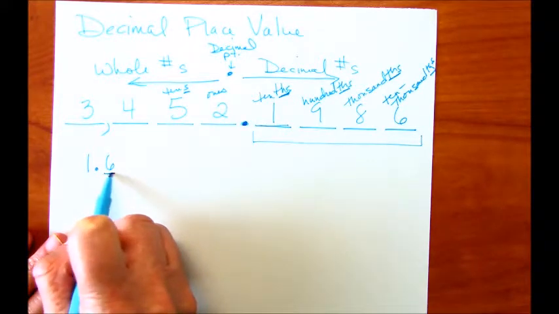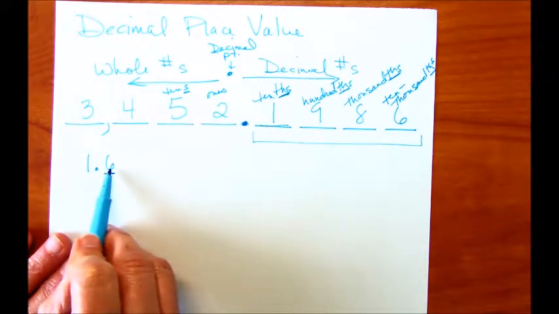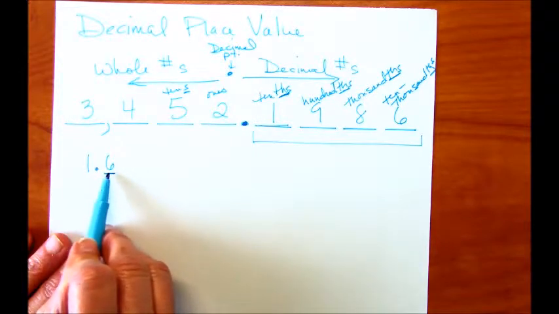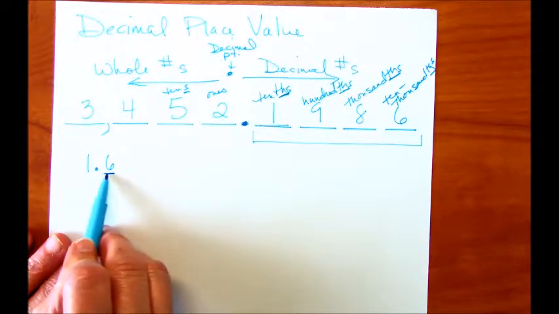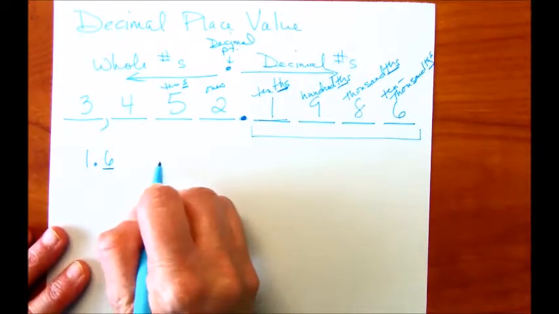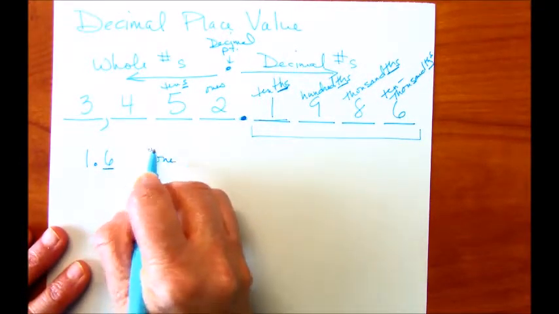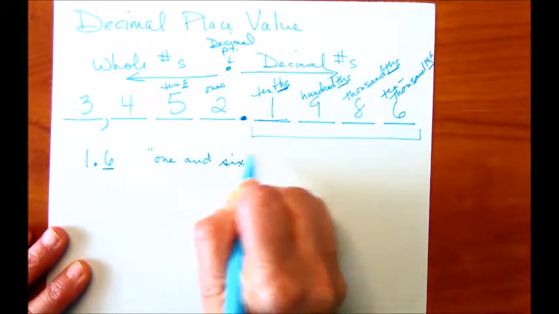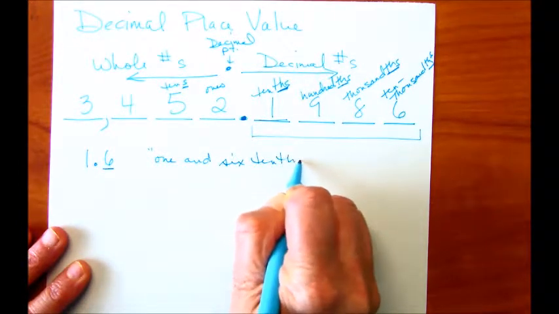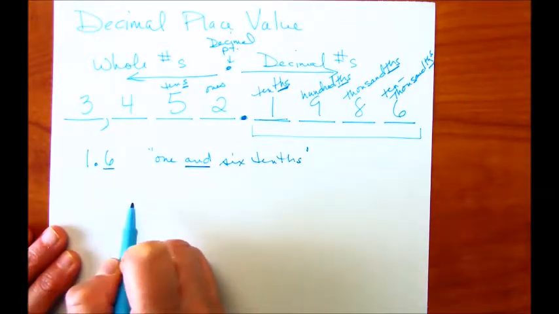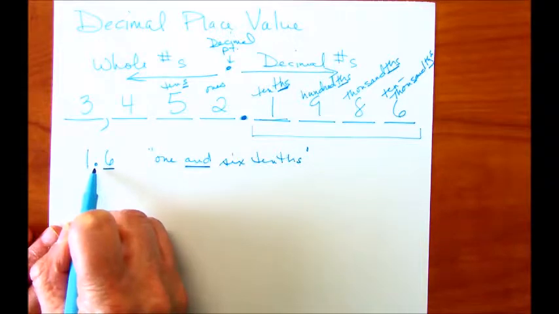The 6 is in the tenths place, so we would say 6, and the digit in the last place is in the tenths place. So if I were to write this, I would write 1 and 6 tenths. Notice the "and" is going to represent the decimal point right there.